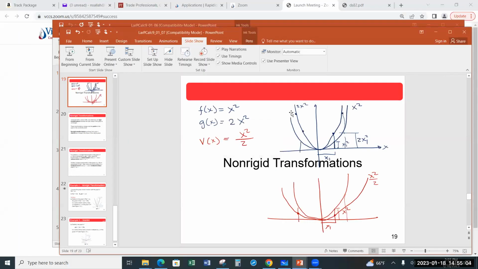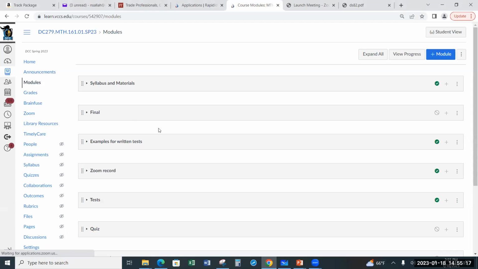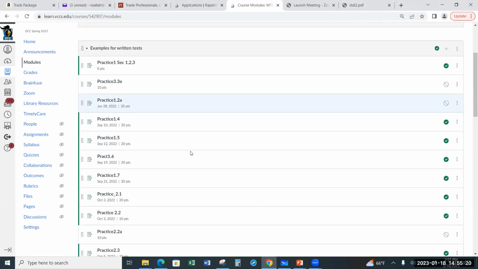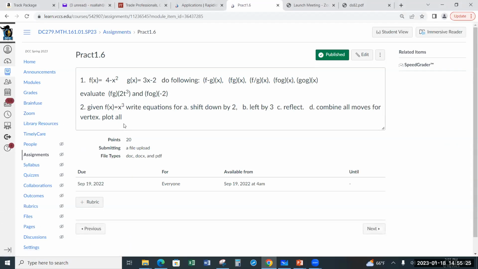So section 7 is finished. Let's see if there is any practice problem. We do have problem number 2 here.